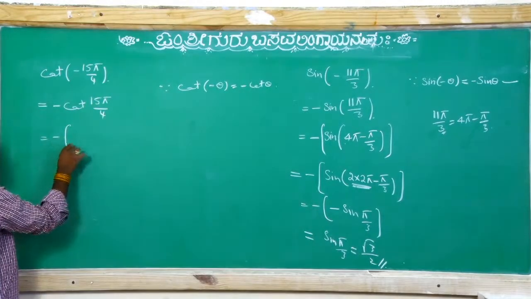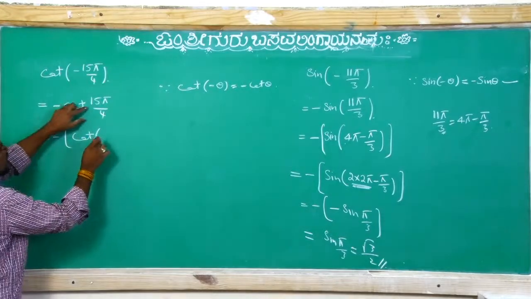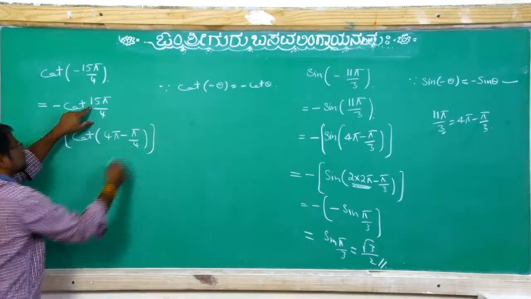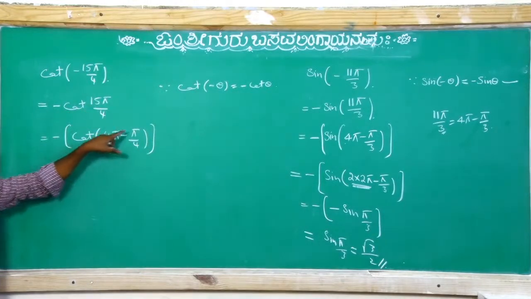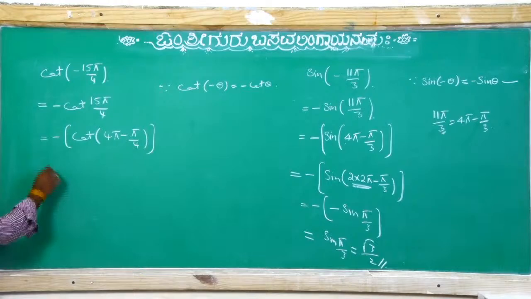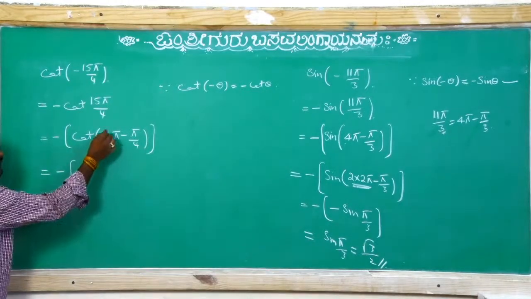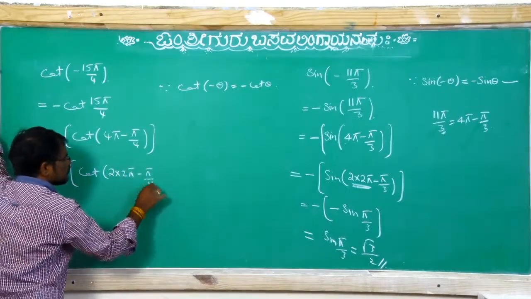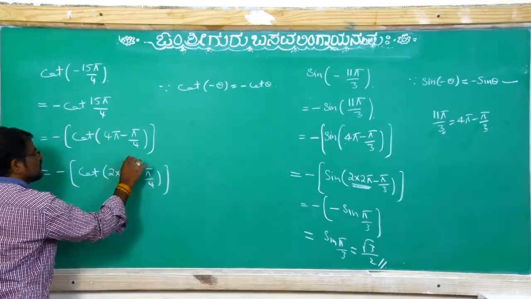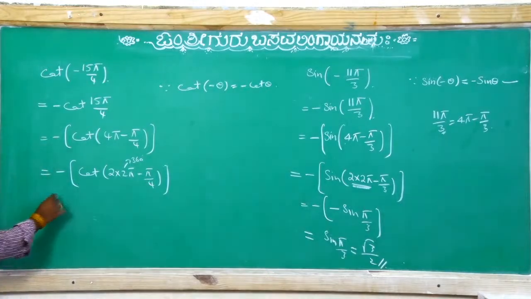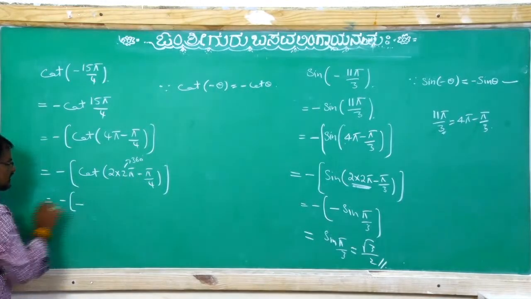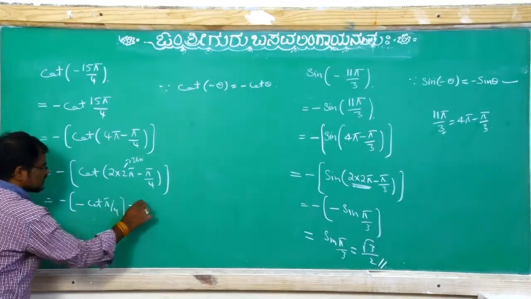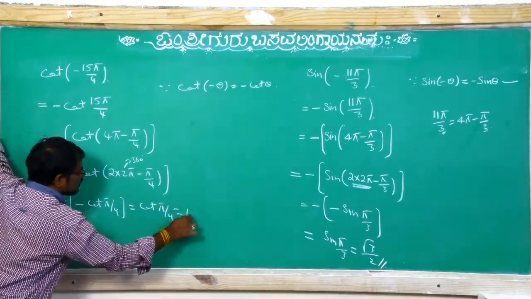I will write 4 pi minus pi by 4. Can you write? 4 pi is 16 pi, minus pi. That is equal to minus of, 4 pi, how to write? 2 into 2 pi minus pi by 4. So 2 into 2 pi means multiple of 360 minus, fourth quadrant cot negative, at 360 cot does not change, so cot pi by 4, that is equal to 1.